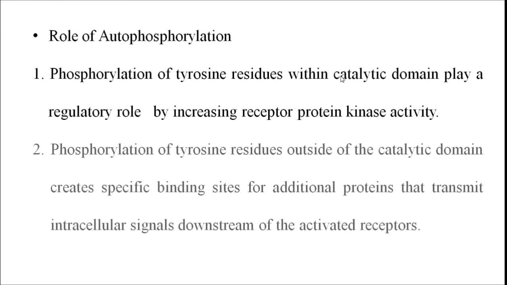The major second role played by this autophosphorylation is that once the phosphorylation of these tyrosine residues takes place, they will serve as a docking site or the binding site.